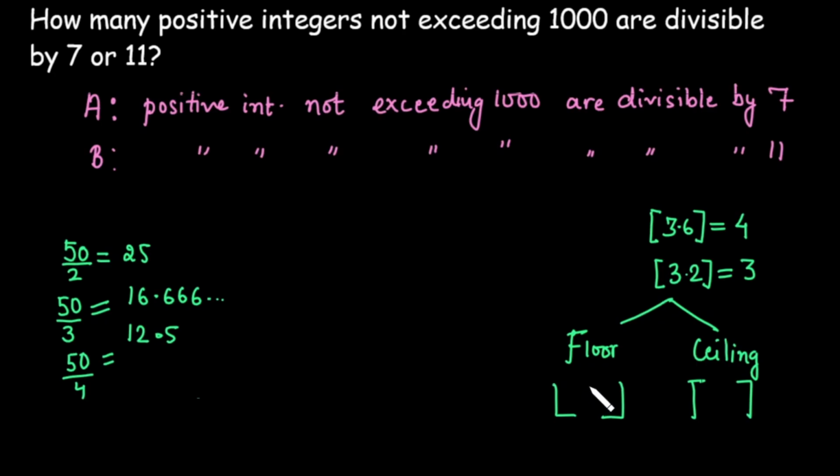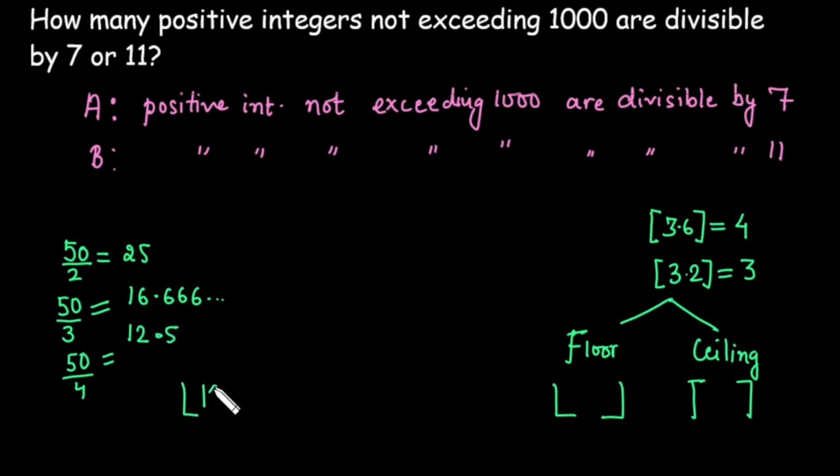The floor function basically gives us the largest integer that is less than or equal to the given number. So we need to find the integer that is either equal to this or less than this one but greater than all others.